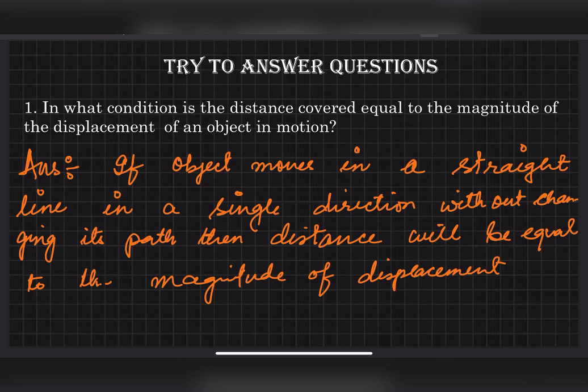Let me tell you once again. You are traveling in a straight line. You are here, you move in a straight line and reach B. Let's say you then come back and reach C. Will the distance and displacement be equal? No. Why? Because the distance is from here to B and then coming back, the total distance, right?